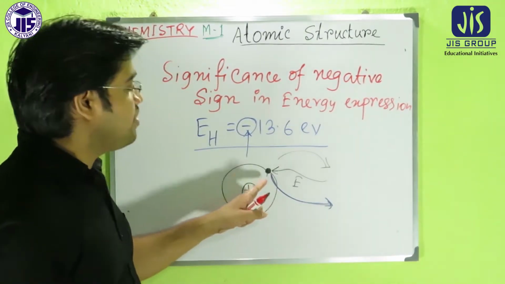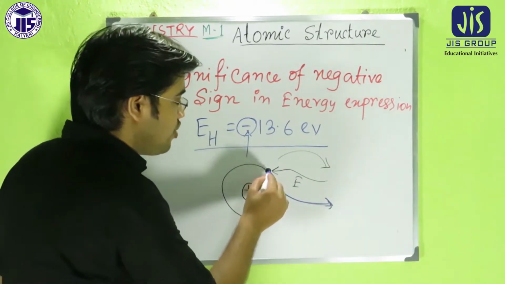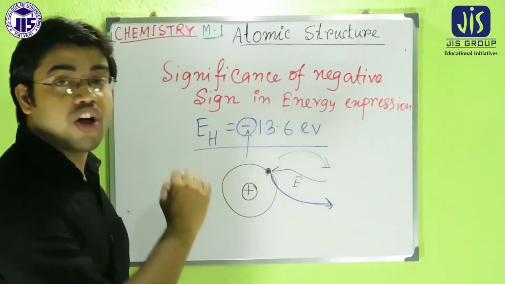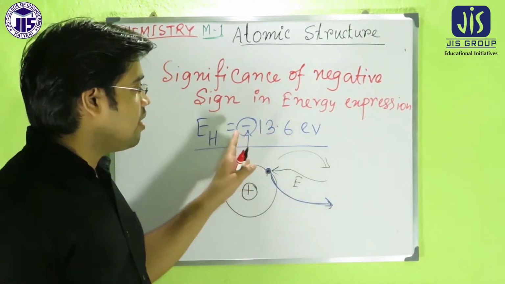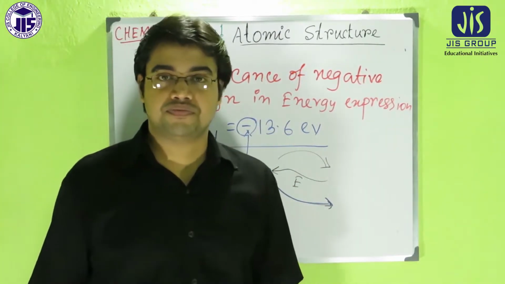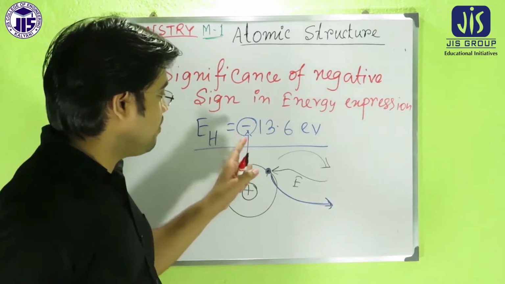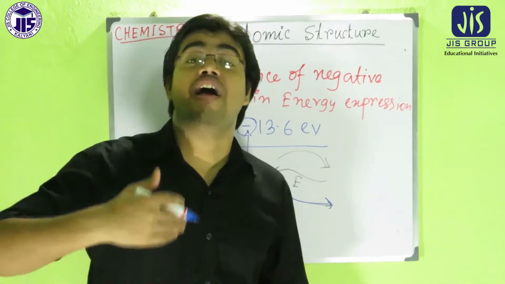So that's why here negative sign. That means negative sign indicates the electron is more stable in a particular orbit than outside of the orbit. That is the inner meaning of the negative sign, the significance of the negative sign in the energy expression of the electron.